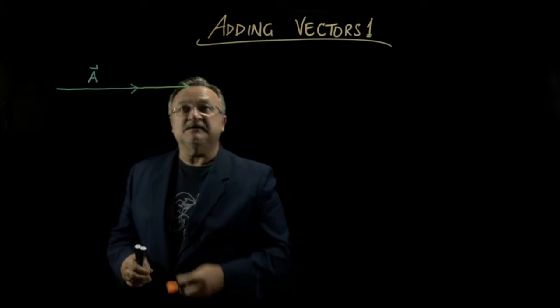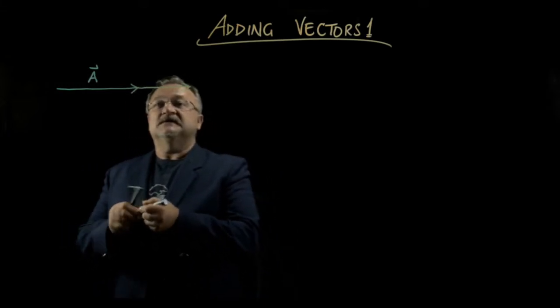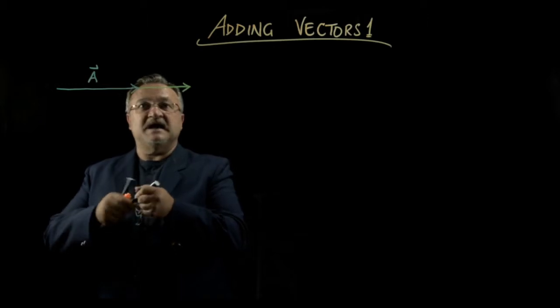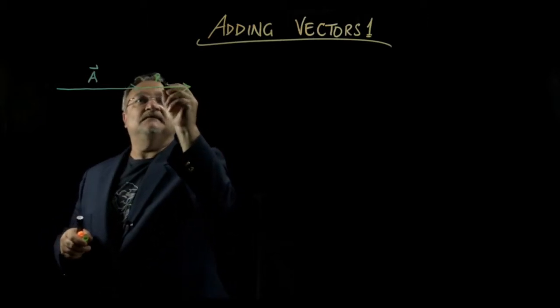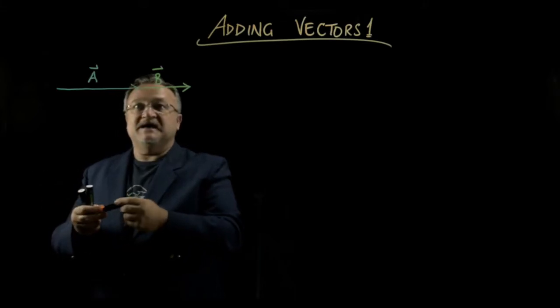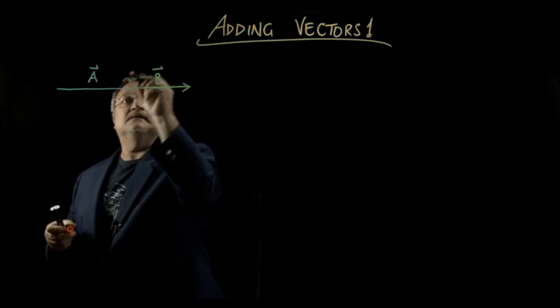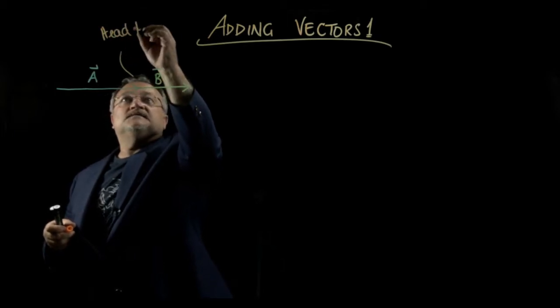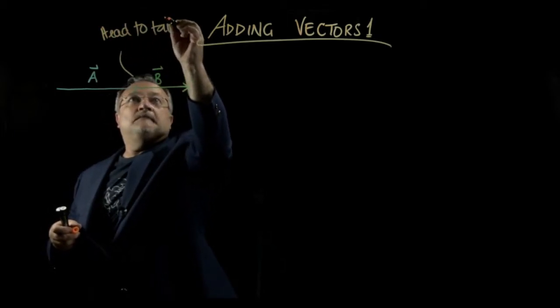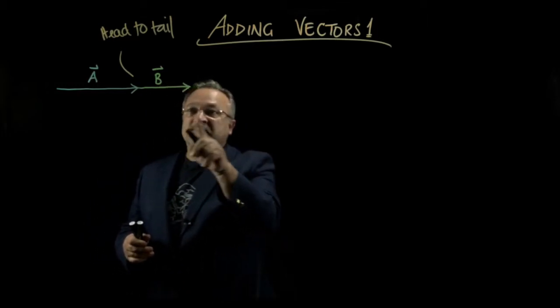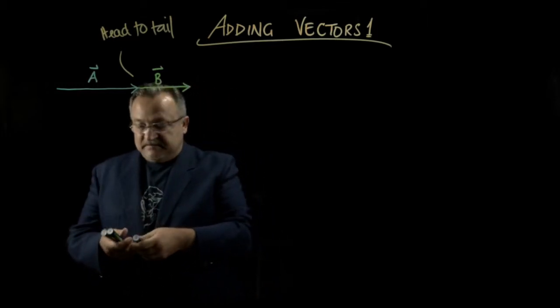So that is the technique we use when we add vectors. So here I'm talking about adding them head to tail. So this is vector B, and what I've done is I've added head to tail. Now, this is the sum of two vectors A and B.